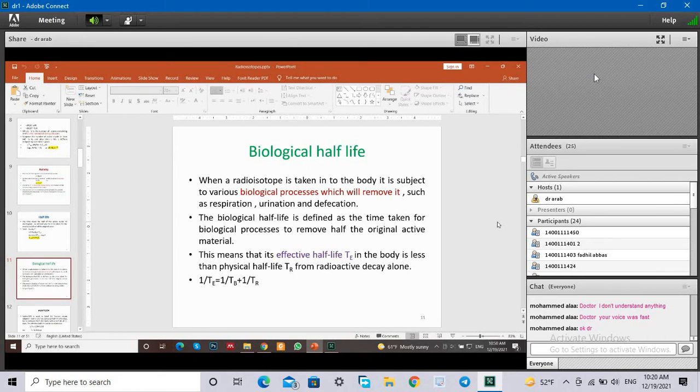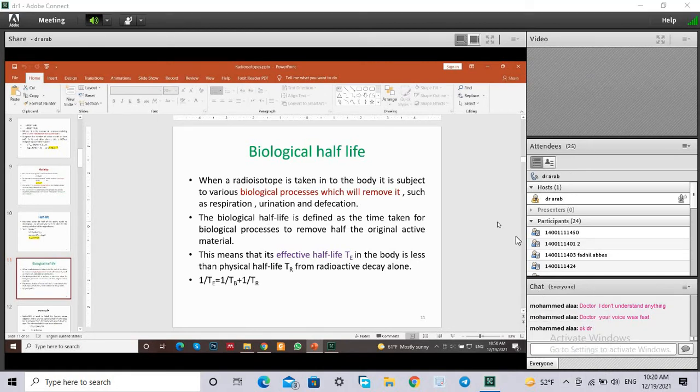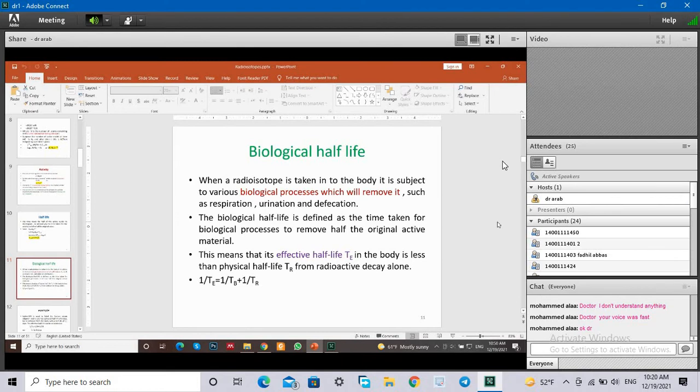As you remember, physical half-life time is the time we need to reach half of the radioactive nuclei, and biological half-life time is the time taken to remove half of the original active material from the body.